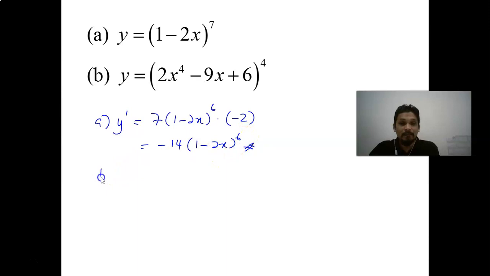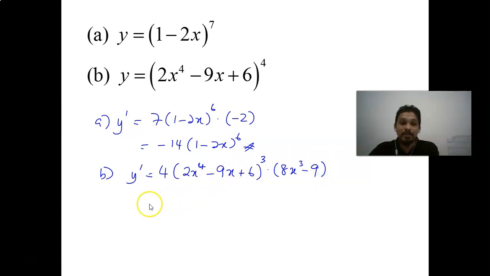Next, for b, y prime equals 4(2x^4 - 9x + 6), 4 - 1 = 3, multiplied with the derivative 4 times 2 equals 8x cubed minus 9.